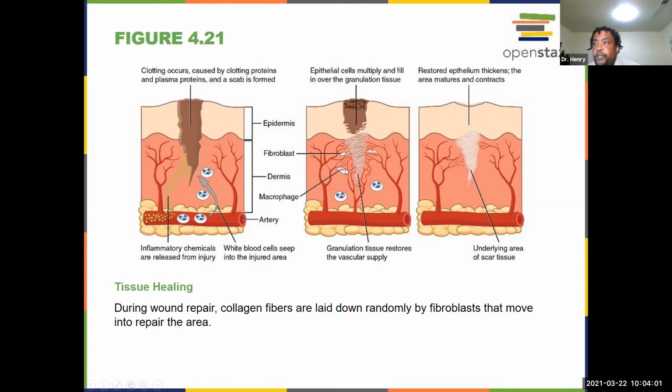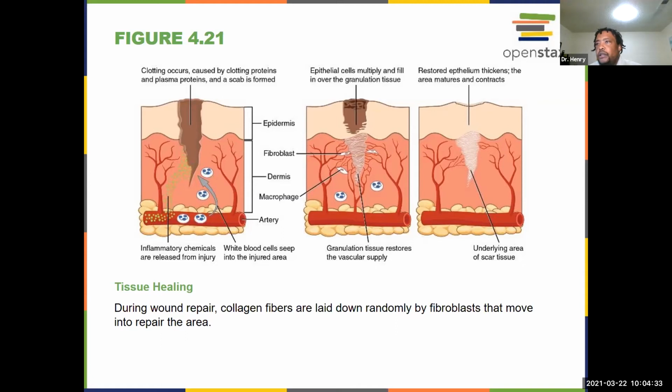So the macrophages are going to make their way there and start doing their job, eating up stuff and breaking down stuff to protect you from that potential infection. And then you also have generally your white blood cells that are also involved in this process for protective purposes, to get rid of that infection, right?